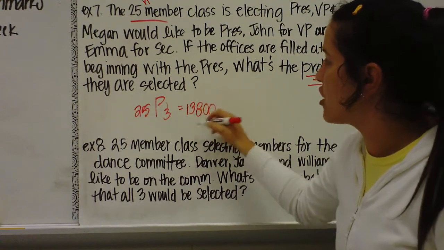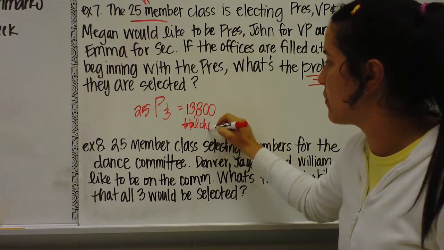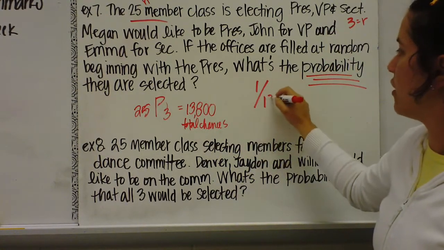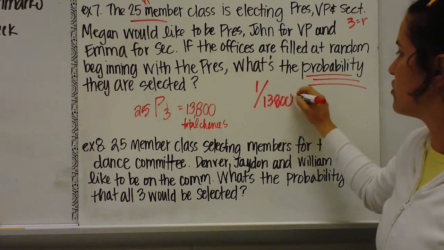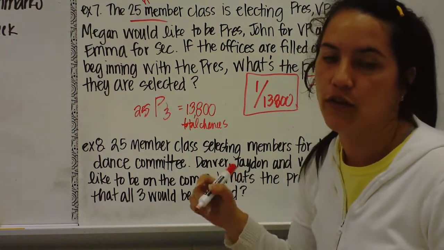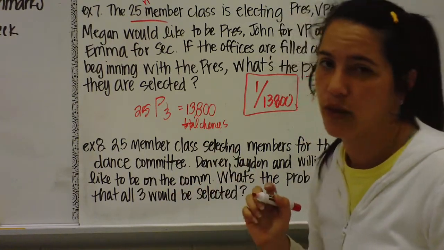Well, we know that there are 13,800 total possibilities. So the probability would be 1 out of 13,800. So just make sure you understand when the question's asking you for how many ways or what's the probability. That's going to change the way you work it.